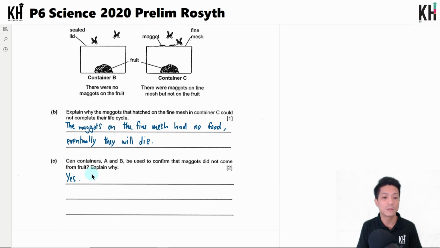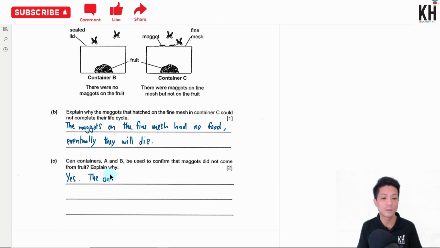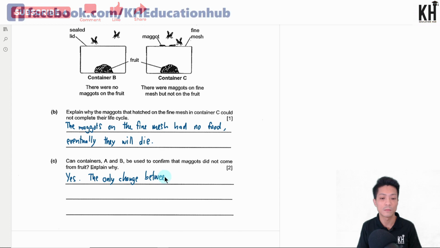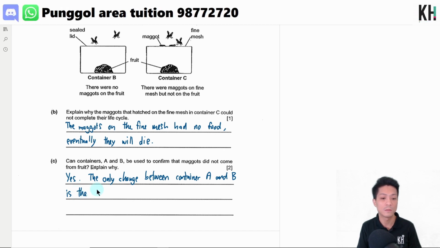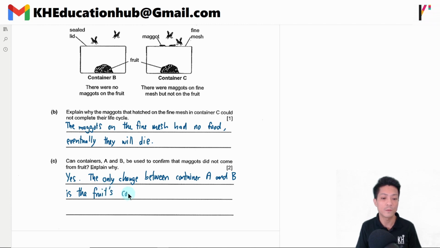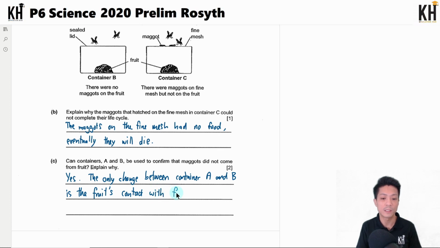Okay, so the change between container A and B is the fruit's contact with fruit flies.